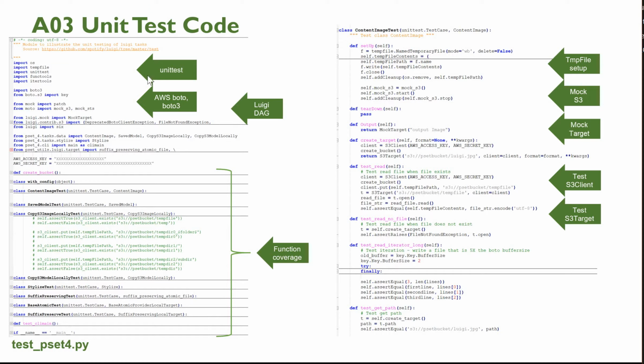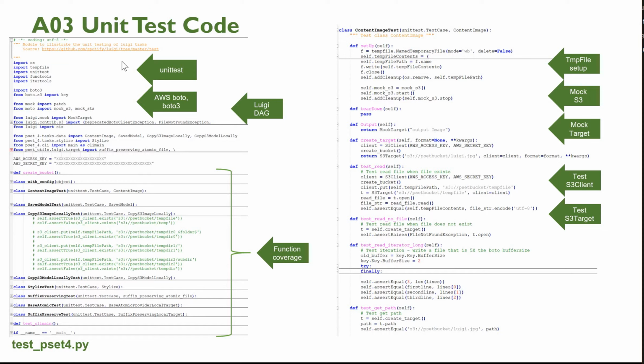So what I did for testing is, you know, we had to come up with a test.py code, and because I chose PSET4, what I have to test also, on top of that, is Luigi. I need to test AWS.